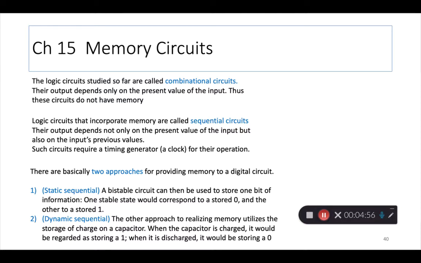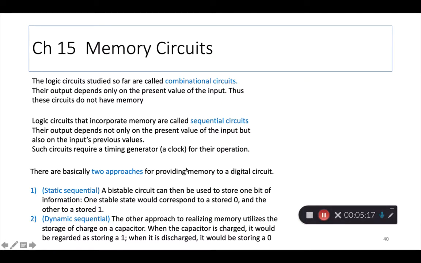That's the focus of this particular lecture on memory. I'm sure you know how to use memory by now, but here we look at a little more of the underlying physics and circuits behind memory.